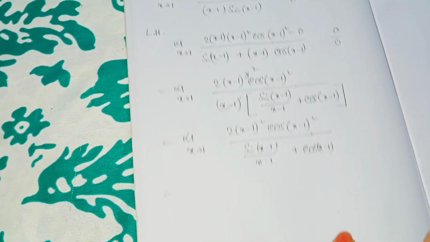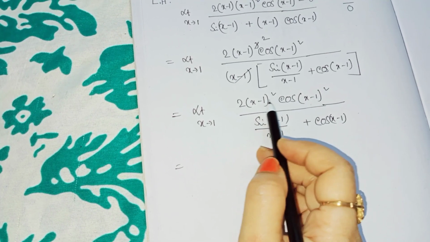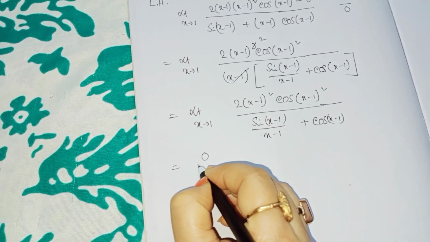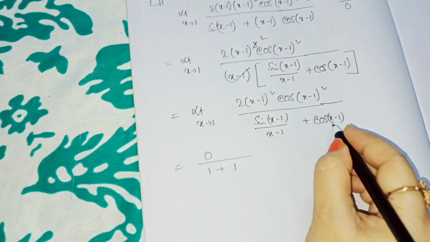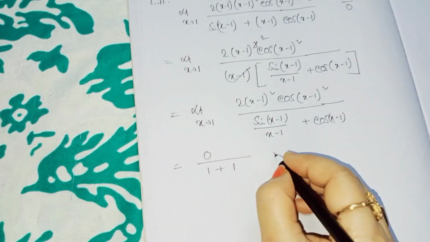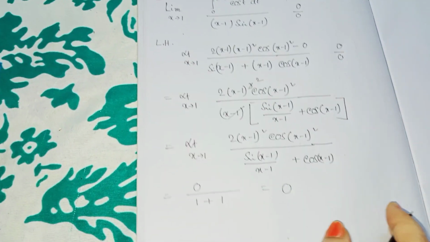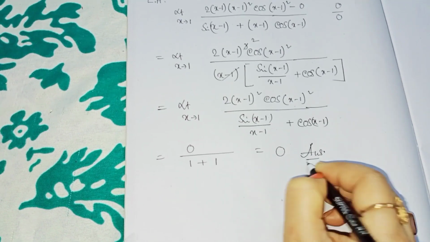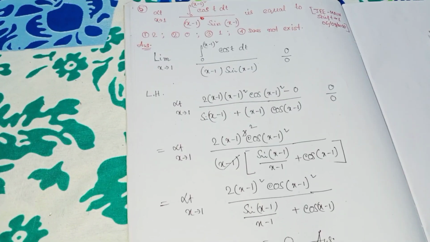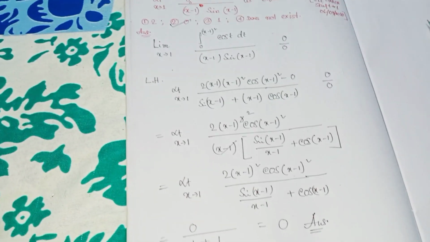Now putting x equal to 1, the numerator is 0, and the denominator is 1 plus 1, since cos 0 means 1, so it is 0. Here we reached our required answer, and option 2 is our correct choice.